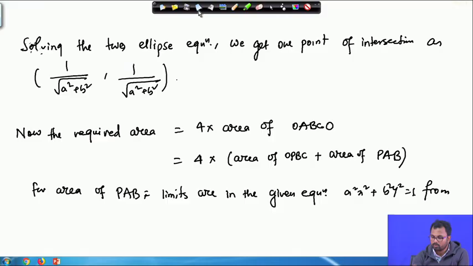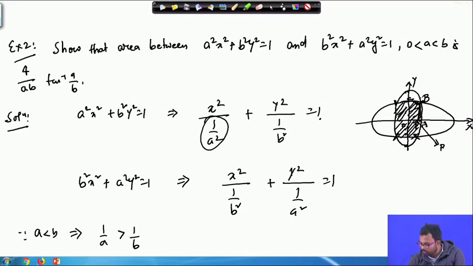So what are the limits? The limits are from this point to this point.